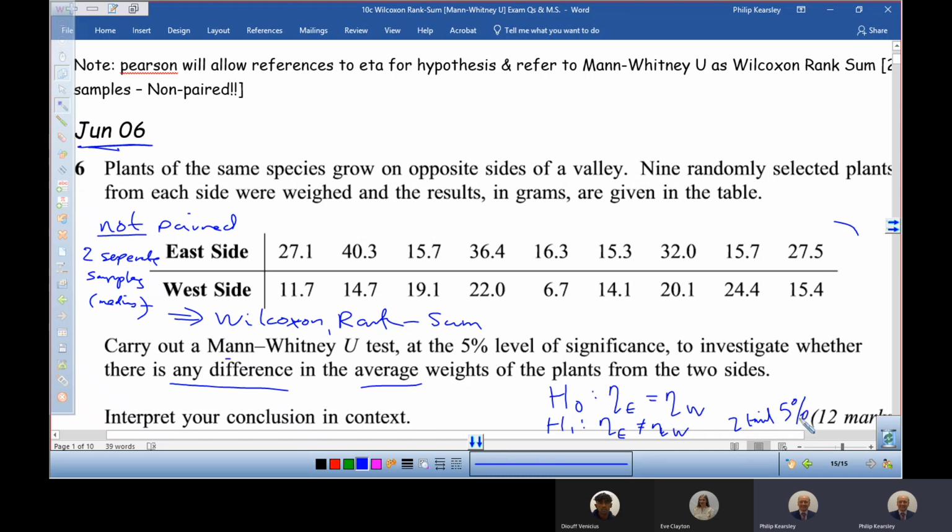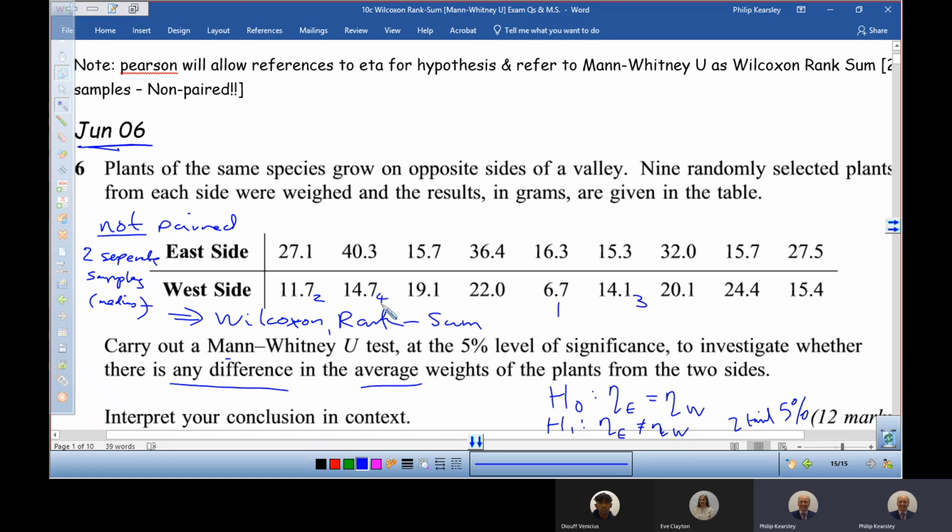Sample size 9, sample size 9. The smallest weight, rank number 1, for the west side. Then we're into the teens, or at least low tens. Rank number 2 for the 11.7, 14.1 for rank number 3.